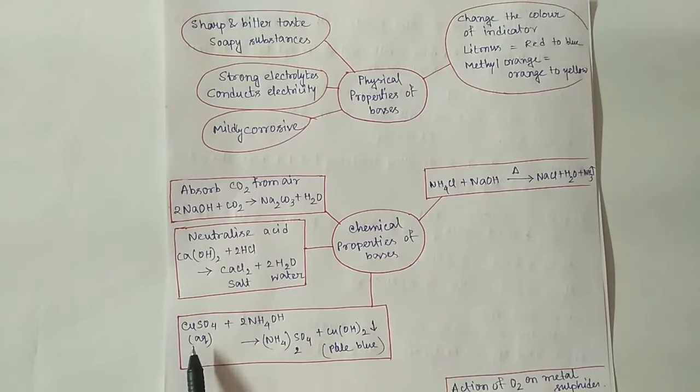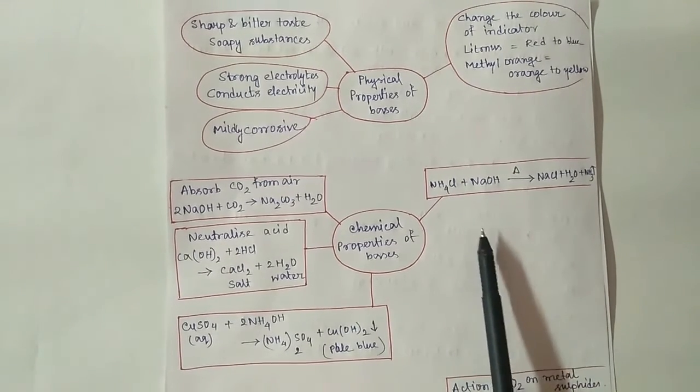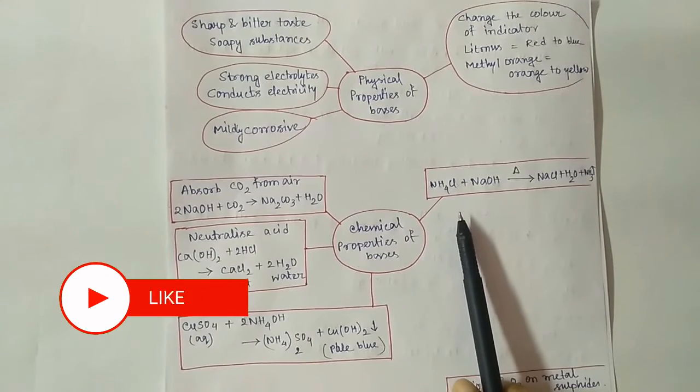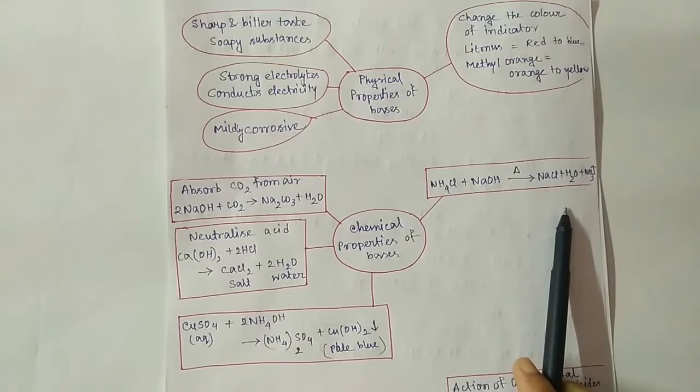Actually, CuSO4 in aqueous solution is blue in color, and when it reacts with NH4OH, it precipitates as Cu(OH)2, which is pale blue in color. Now, if we heat alkali with ammonium chloride or an ammonium salt, ammonia gas with a pungent smell is emitted.